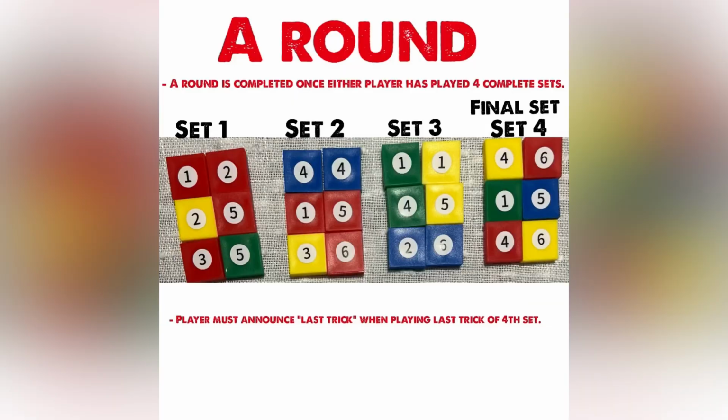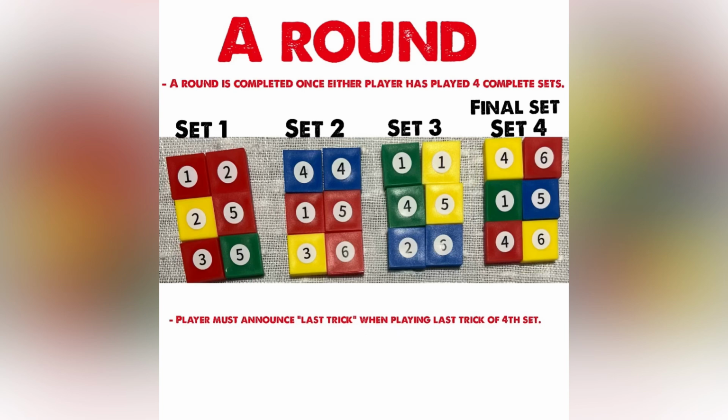A round. Each round is concluded once either player has gone through and played a completed 4 sets made up of 12 total tricks. Now, the player who reaches the completion of their 4 sets first will announce "last trick" as they play the last trick of their 4th set.